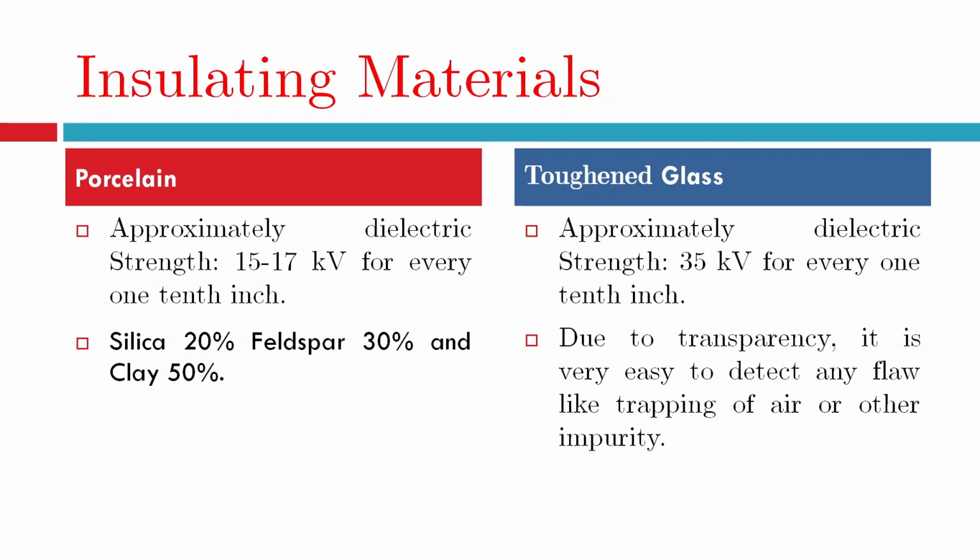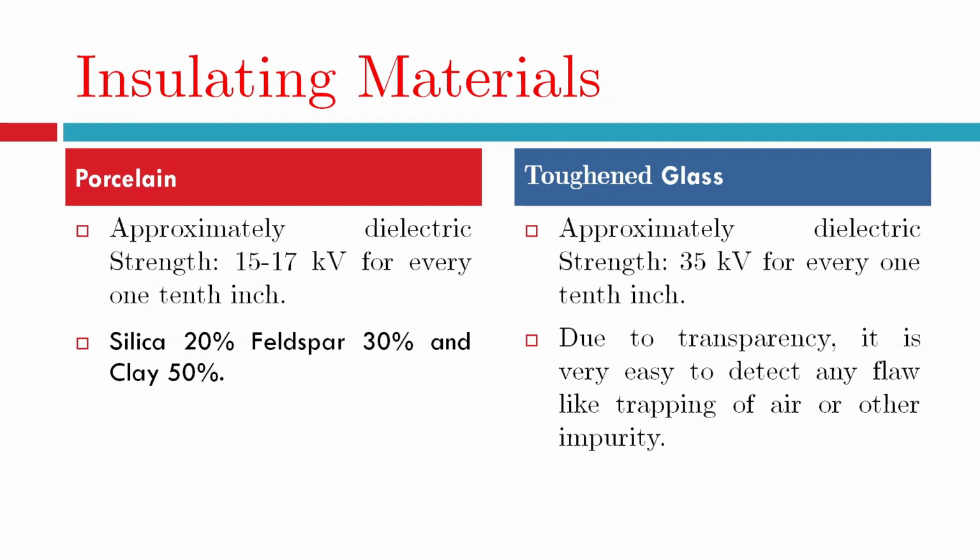The advantage of porcelain is that it is mechanically strong, less affected by temperature, and has minimum leakage problem. Toughened glass has higher dielectric strength, which makes it possible to use single piece construction.